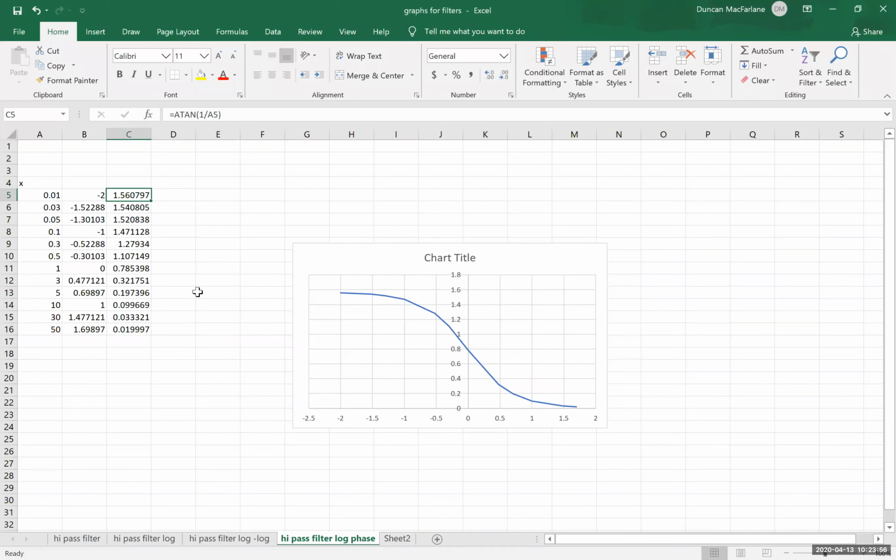And I'm going from a pi over 2 response to a 0 response. And I'm halfway through that phase transition at omega equals RC. The log of 1 is 0. So the 0 crossing point is where I'm halfway through this phase reversal.